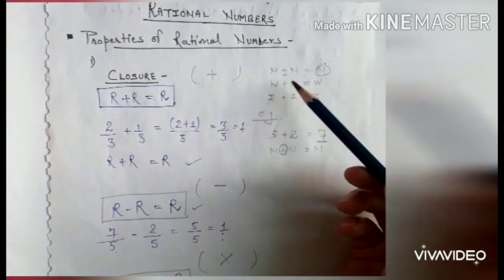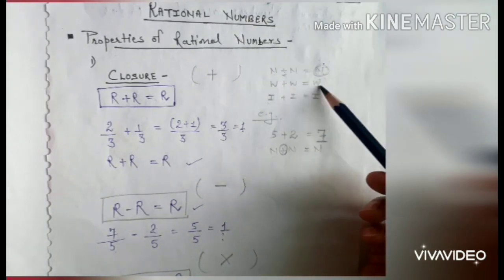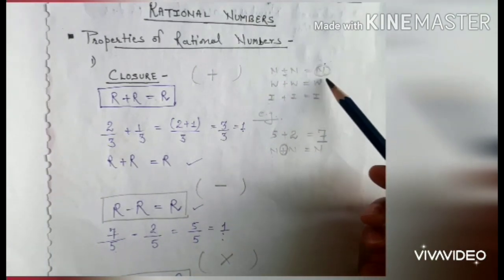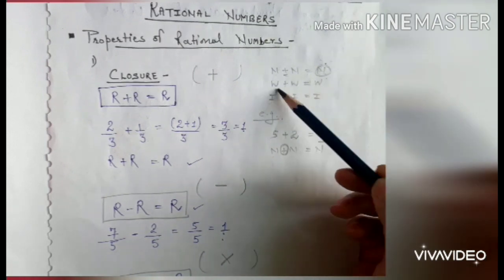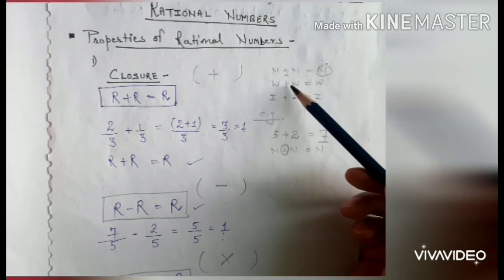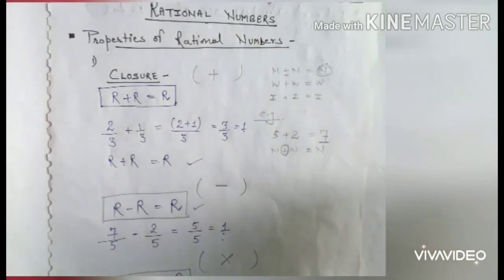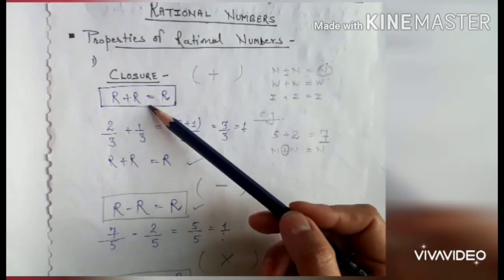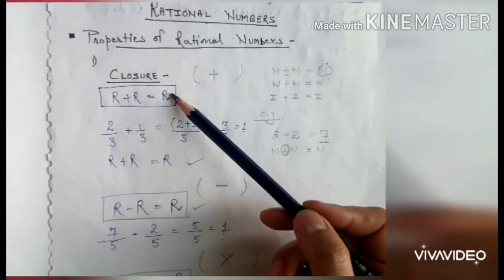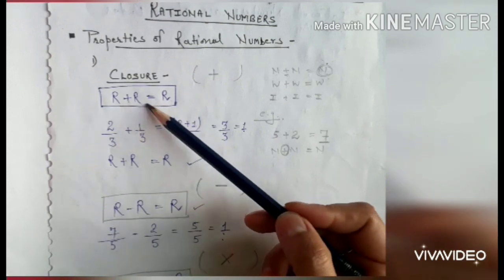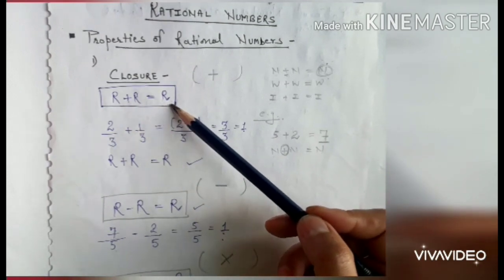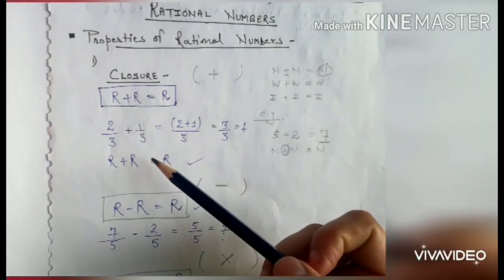Same as when we add two whole numbers, if we again get a whole number, then whole numbers are closed under the operation of addition. Same for rational numbers: when we add two rational numbers, the resultant should again be a rational number. So we can say that rational numbers are closed under addition.